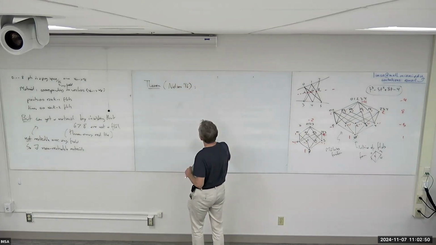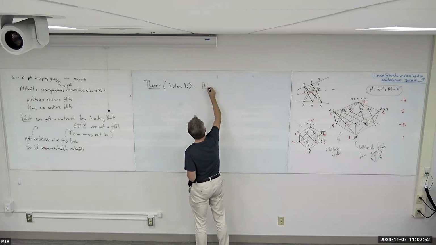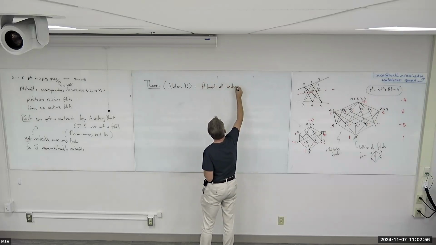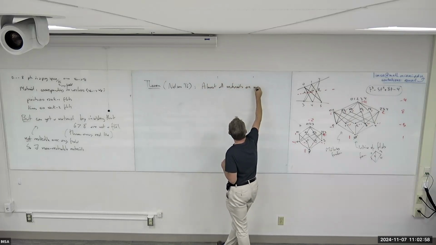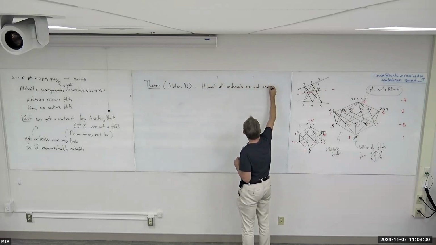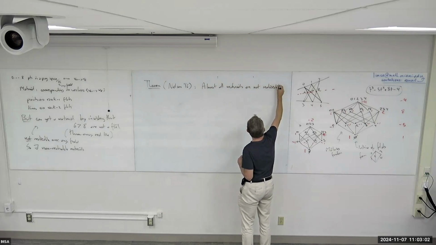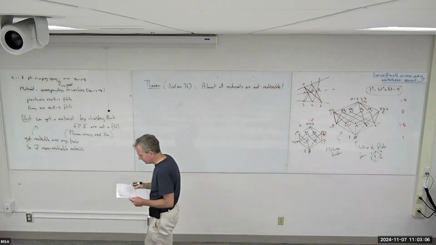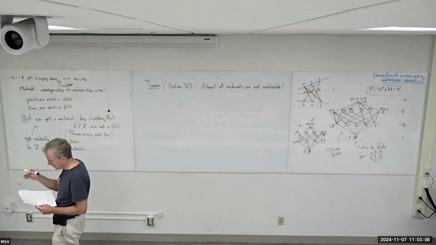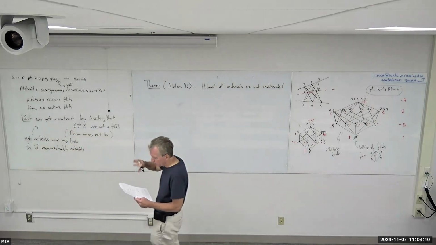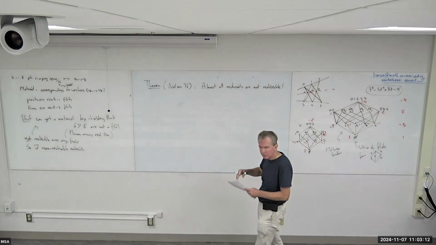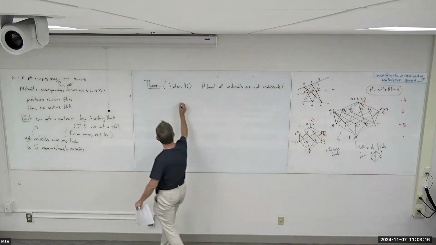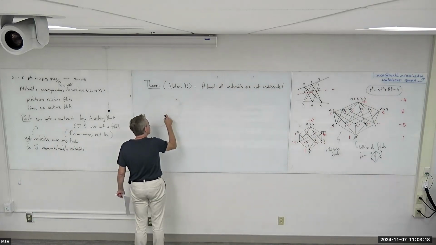Almost all matroids are not realizable. There's a kind of quantified statement. We prove that as n approaches infinity, the proportion of n-element matroids that are representable tends to 0.